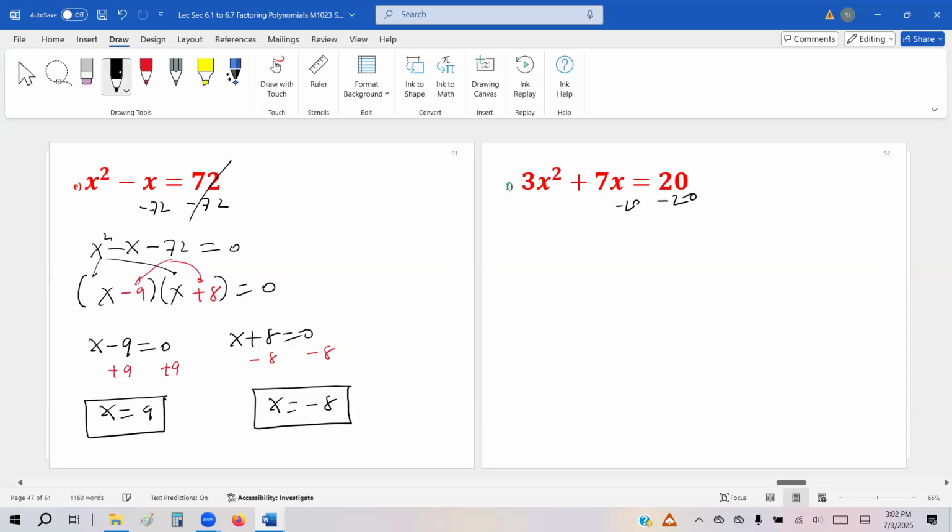See a 0. All 4 methods required to have a 0 on one side. So we have 3x squared plus 7x minus 20 equals 0. And now I'm going to show you all 3 methods to refresh your memory. Method 1, trial.